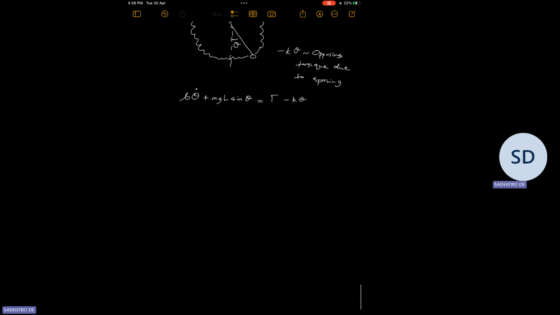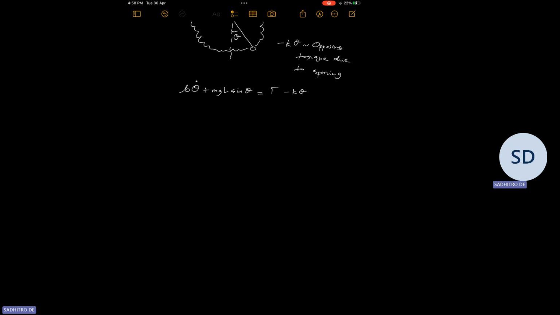So the first thing that we have to do is to normalize the equation. So again, we do the same thing. We divide both sides by mgl.